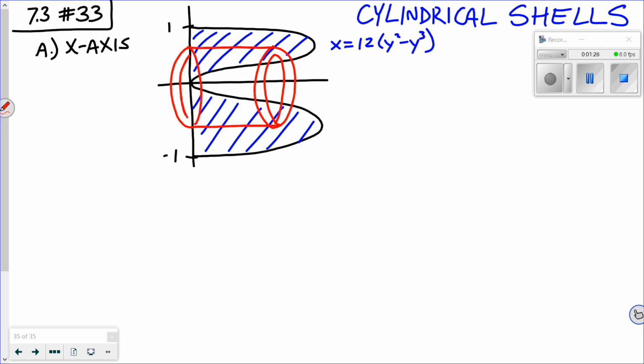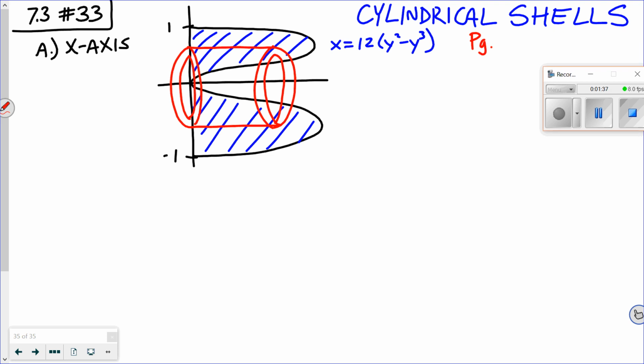Pictures aren't the best, so if you want a better example, page 402 in your book probably gives you one, or that Khan Academy video can draw that out better than I can. But if I have a cylinder that would be cut out of that 3D shape, how do we find the volume of each of these cylinders? Because I could stack an infinite number of cylinders to fit within this shape.